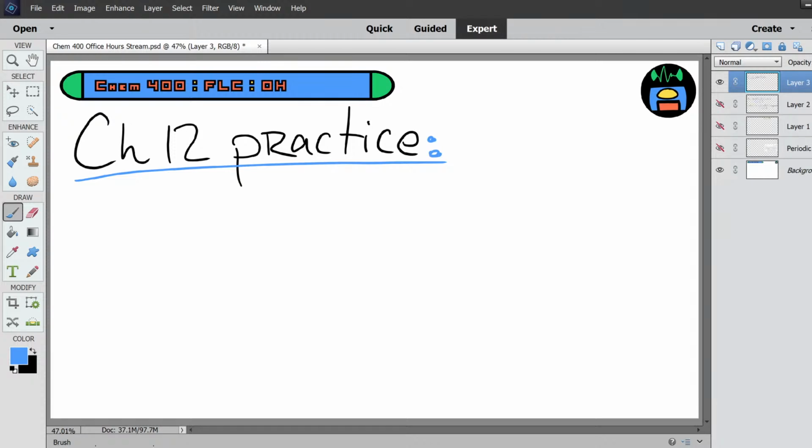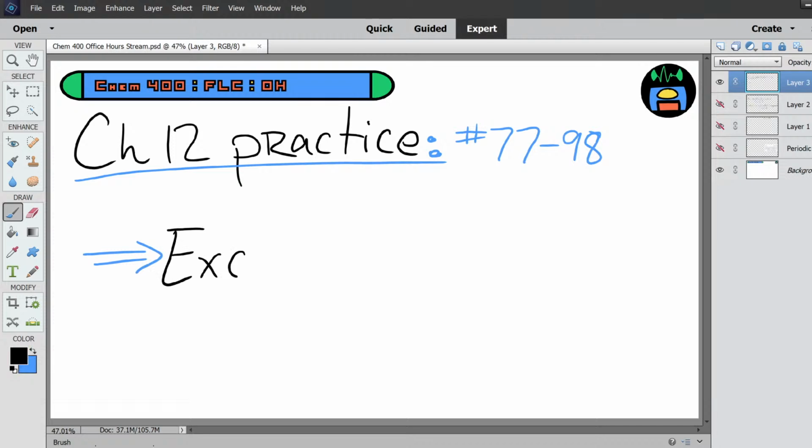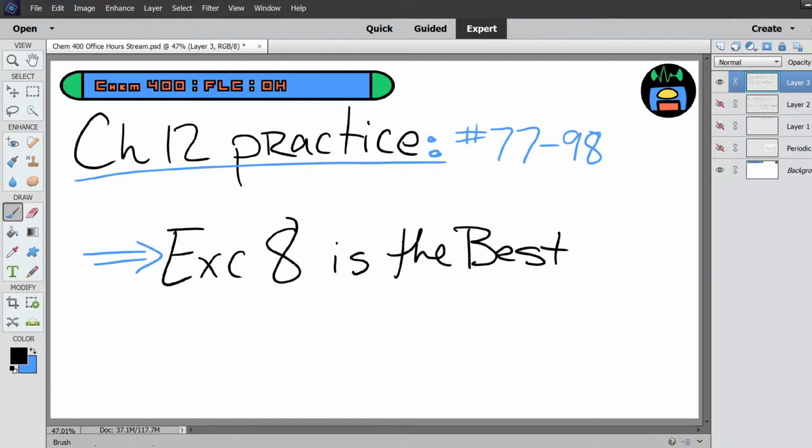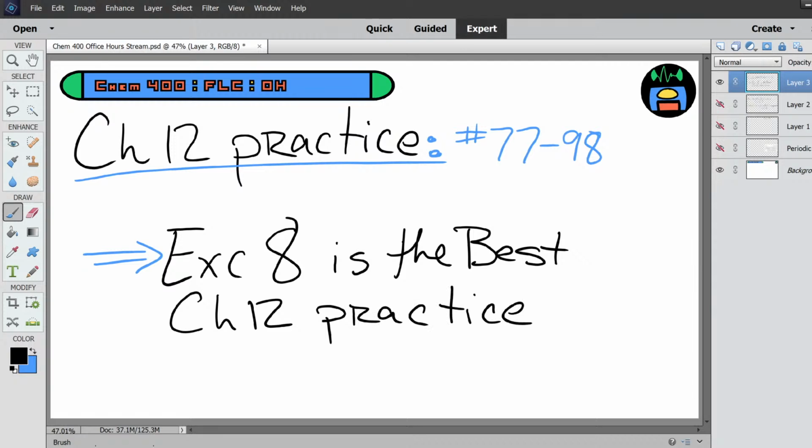So it looks like the freezing point depression, boiling point elevation problems are number 77 through 98. But honestly, Exercise 8, I would say, is the best Chapter 12 practice, because there's also points associated with it.